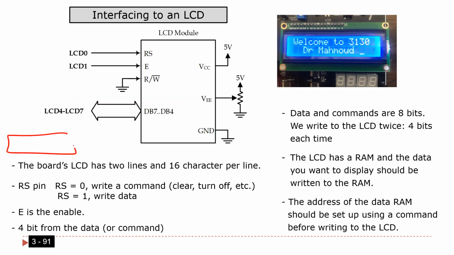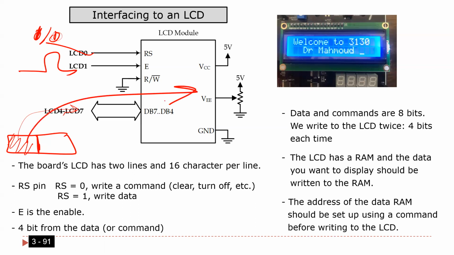For example, if I want to write a character or a command, you have to do it in 2 steps. As I told you, you have to send this nibble first. And then for sure, if you're writing data, you have to put 1 here for data, or 0 here for command. And then once you finish, I have to generate a pulse here so that the LCD is gonna take this nibble. And then you have to repeat with the second nibble.